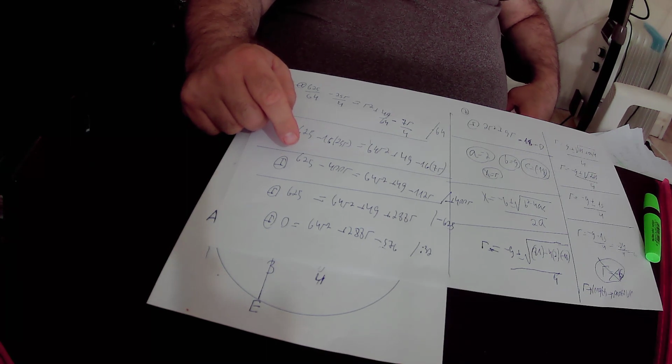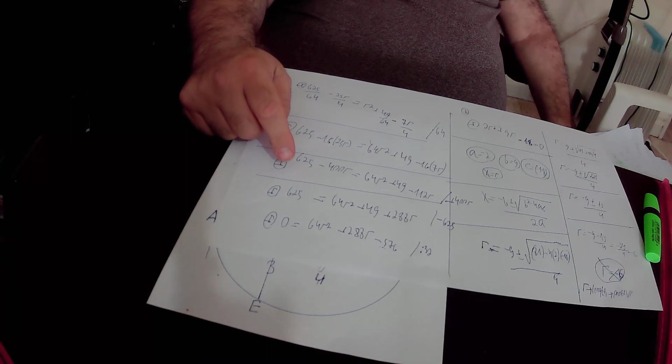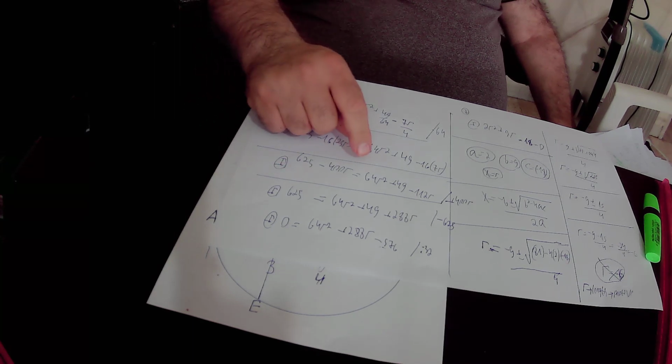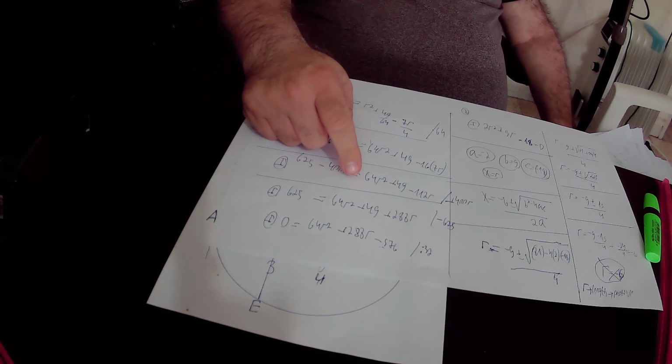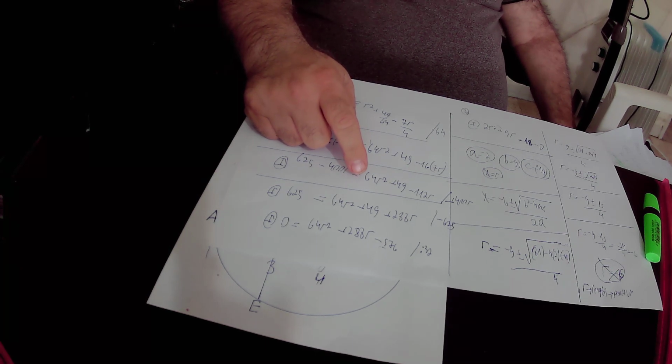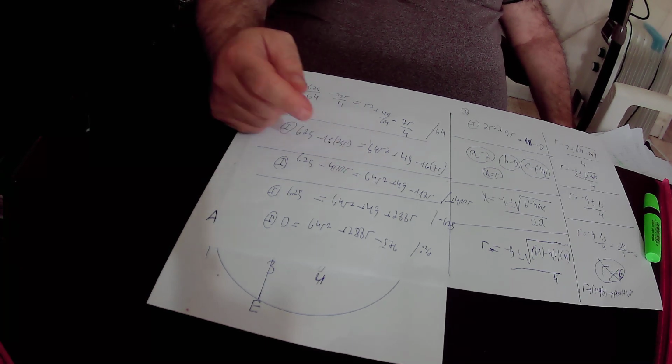And so on this side of the equation we are left only with 625. On the other side of the equation we have 64r squared plus 49. Here we have 400r minus 112r is 288r.